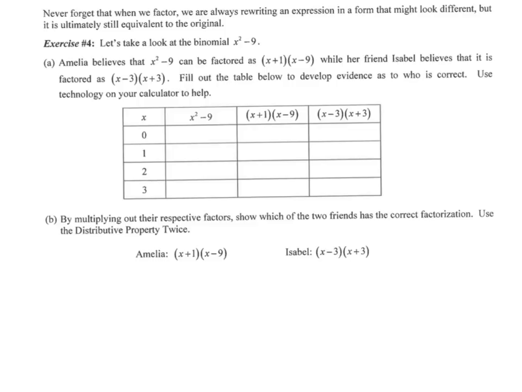So never forget that when we factor, we're always rewriting an expression. So let's look at x squared minus 9. Well, if I put a 0 in for x, that's 0 minus 9. Or 1 times negative 9. Or negative 3 times positive 3.